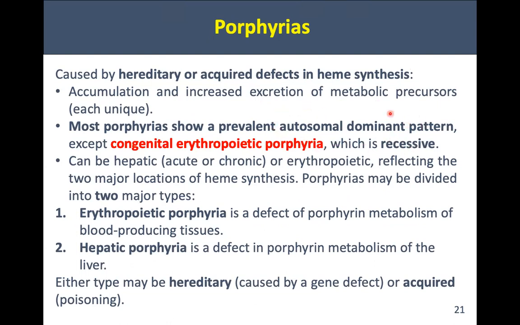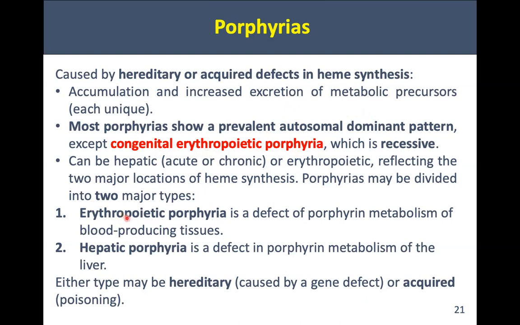So sometimes it'll come up in an MCQ, what is the pattern of inheritance for acute intermittent porphyria or Porphyria cutanea tarda? And the answer is autosomal dominant. So I am going to be testing you on this later. The only porphyria that is recessive, autosomal recessive, is congenital erythropoietic porphyria. Okay, so again, it's a really easy MCQ question.